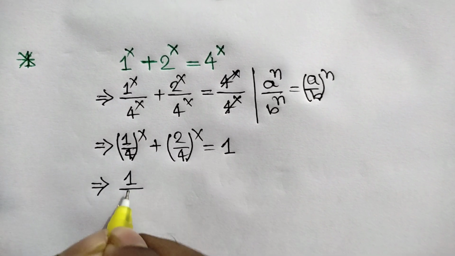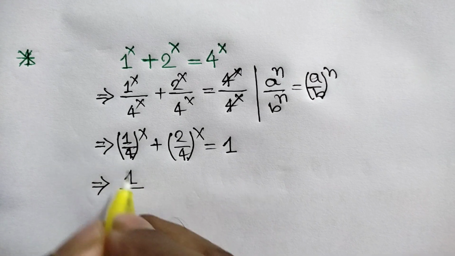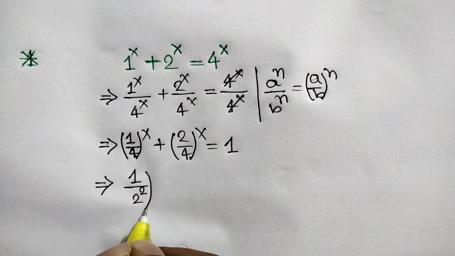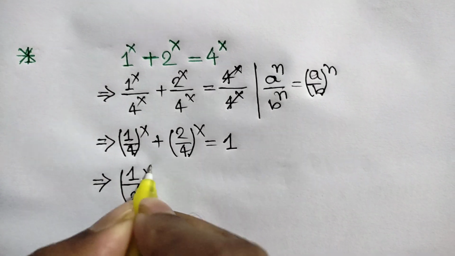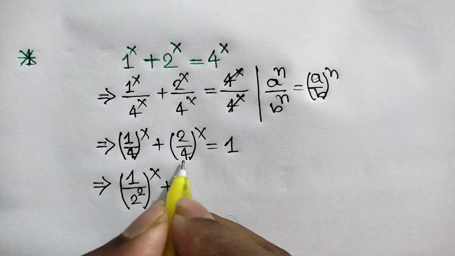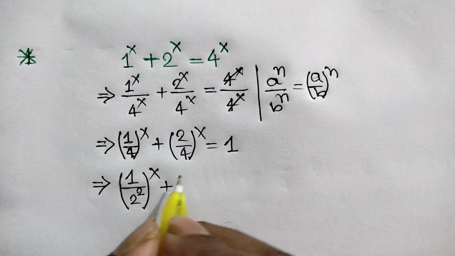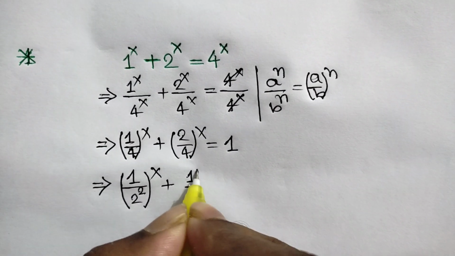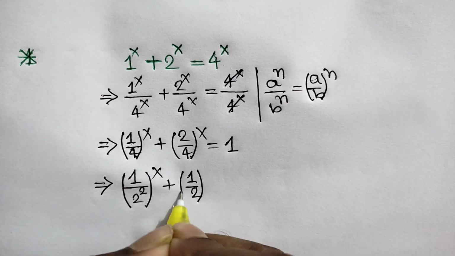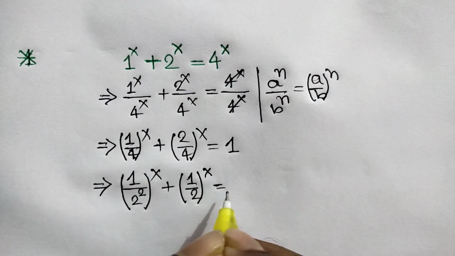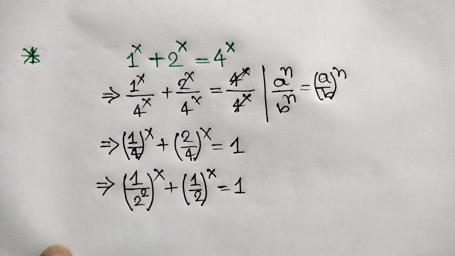1 over 4 is the same as 1 over 2 square, so we will write 1 over 2 square whole power x plus 2 over 4 is the same as 1 over 2, so we will write 1 over 2 whole power x is equal to 1.